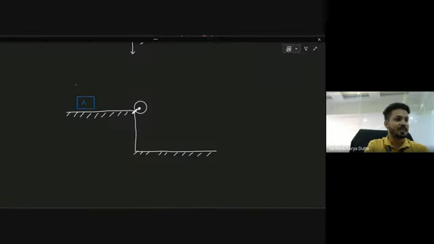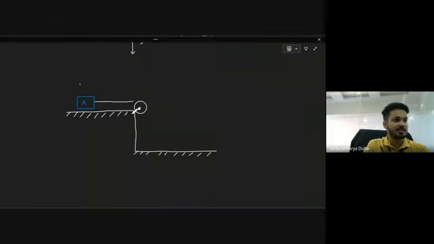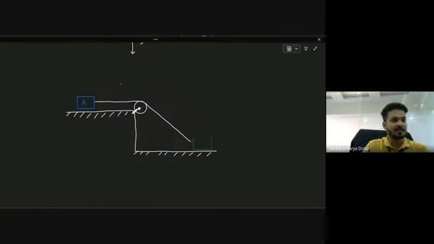This is block number A, and it's in contact with the floor, and this is a string that goes like this, and there is another block here. This is block B. Both the blocks are in contact with the ground.